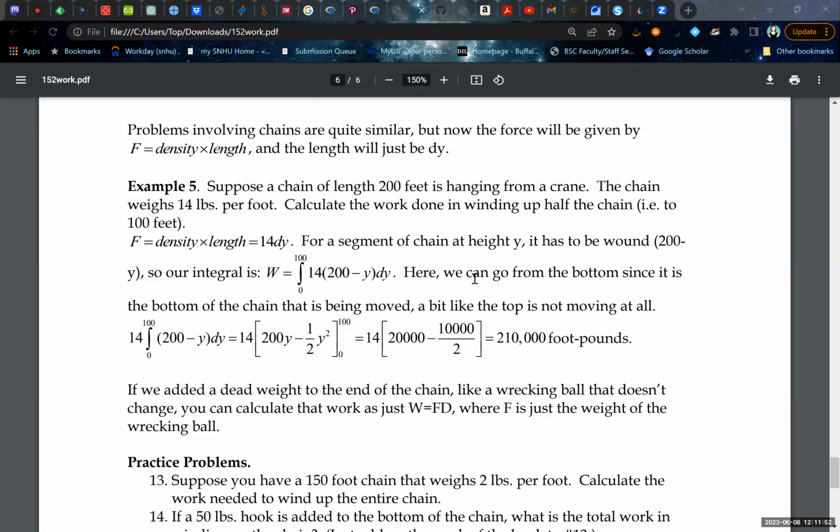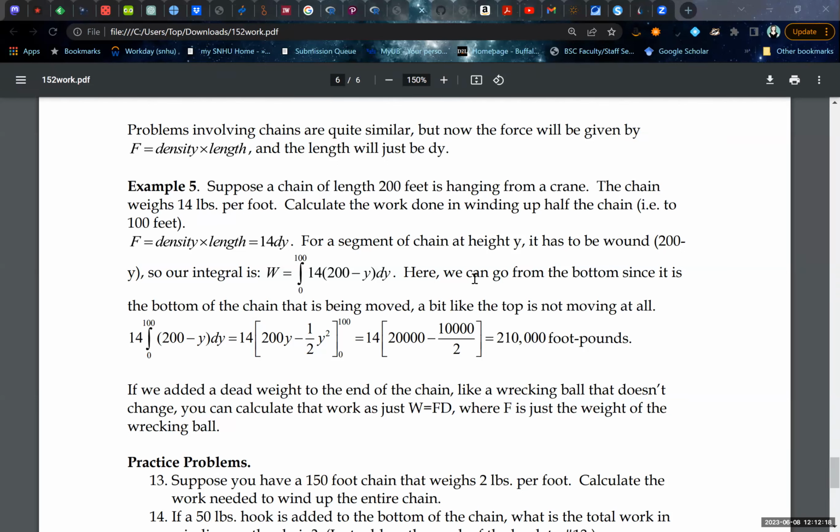the chain itself, because once you wind up the chain part way, then for the next turn of whatever you're winding it around, there isn't as much chain to pull up. As you wind up the chain, the weight of the chain that you have to wind up gets smaller and smaller.